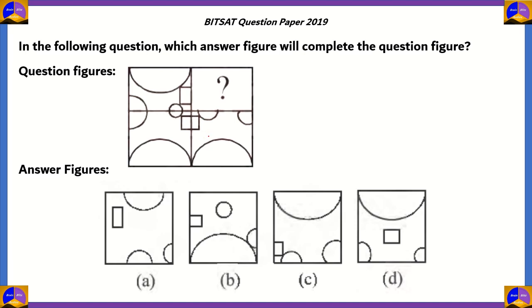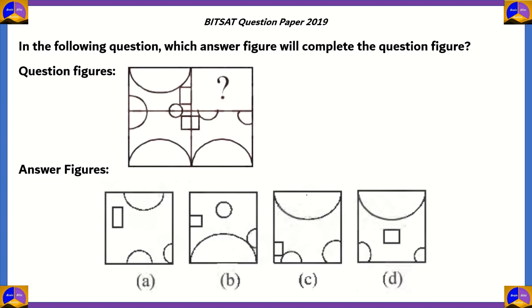So basically, this indicates that the square that should be filled in the top right corner must have a semicircle with its diameter equal to the side of the square.